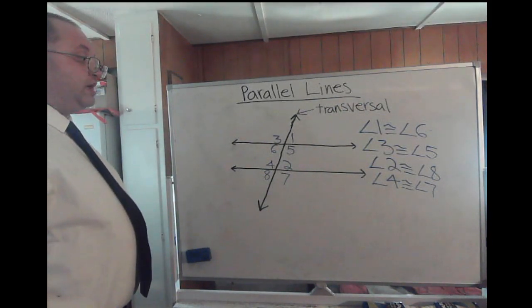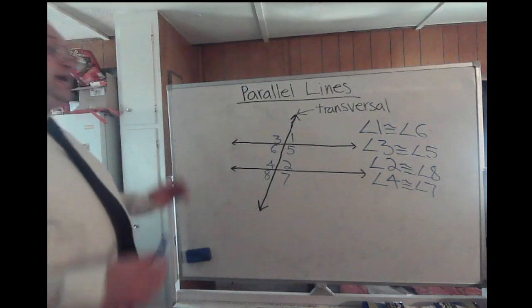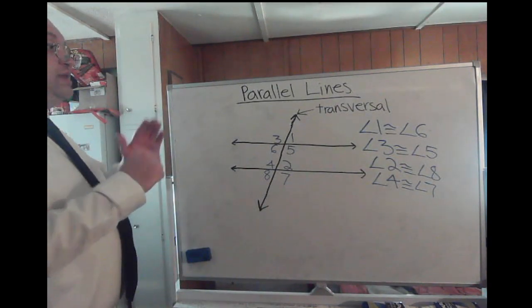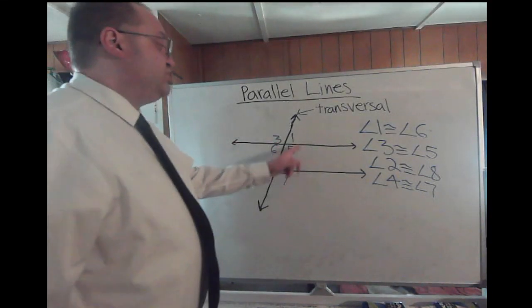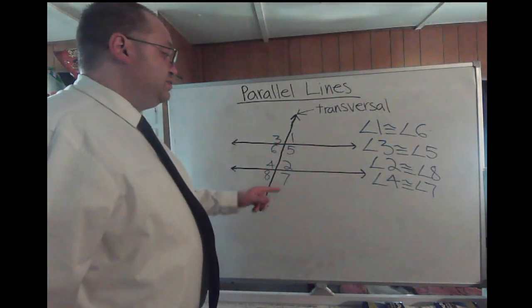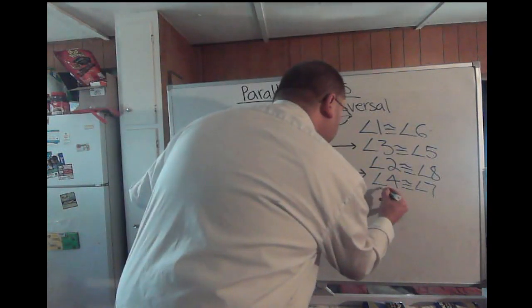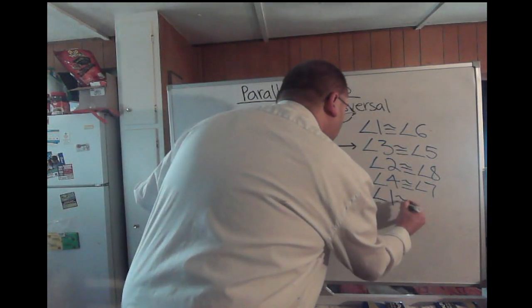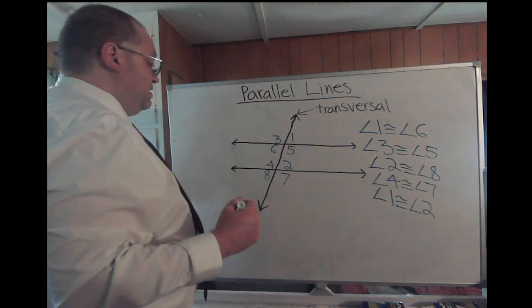Now, let's look for corresponding angles. So again, corresponding angles on the same line, and they're on the same part of each line as the other. So corresponding angles, angle 1 and angle 2, those would be congruent. Angle 1 would be congruent to angle 2. What else?